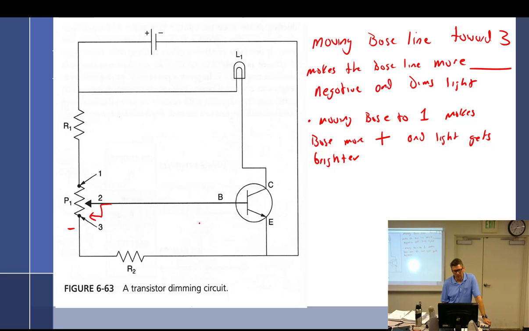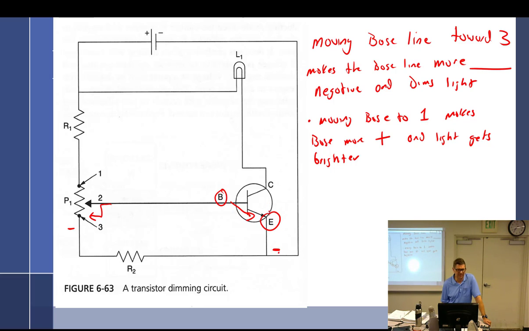Well, okay, but we got to think about the emitter, which side that's on. The junction that we need is going to be base to emitter, right? The base to emitter junction is the one that turns it on. And the emitter is pretty much full-blown negative. So the closer I get to negative and the closer I get to matching this, the more off it is.